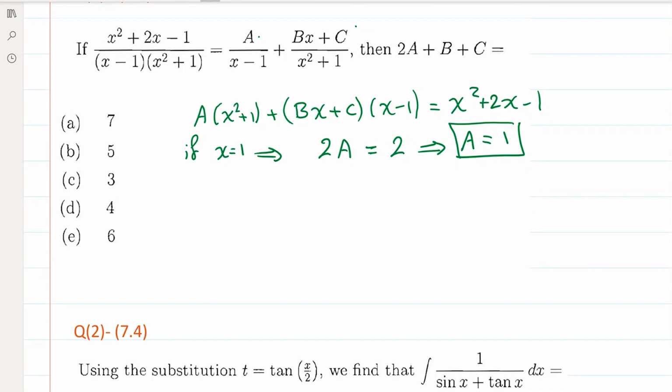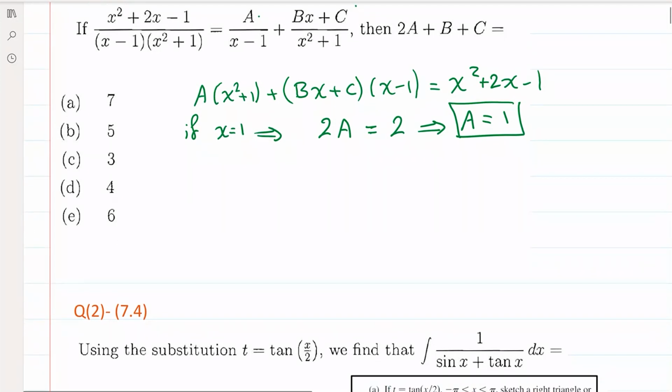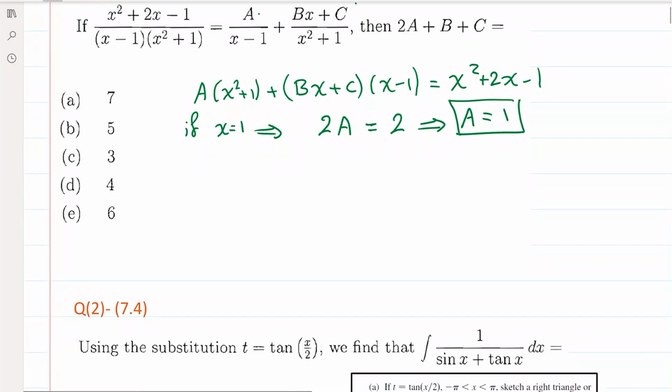Now a is 1. But how to find b and c? I cannot substitute something here to cover up this one, to make it 0. So I cannot choose something like that. How to find b and c? You can now compare the coefficients in both sides. If I want to find the coefficient of x, let me change the color, just coefficient.